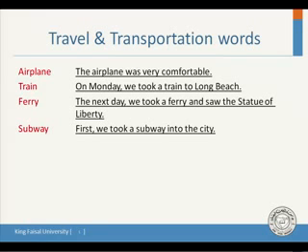Subway, we don't have subway in Saudi Arabia, but we have subway in Britain and in America. First, we took a subway into the city. A subway is like a train underground. Notice, train, ferry, and subway: took a train, took a ferry, took a subway.